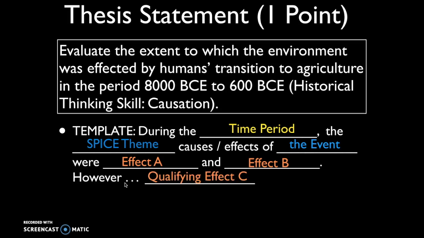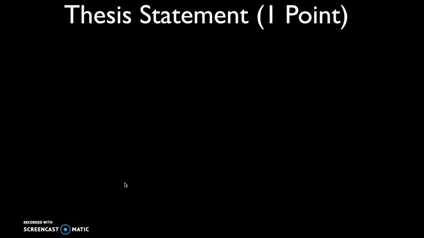So you need a however, and then you want to make either a qualifying statement or identify some alternative effect. And we'll see some examples of that in a second.